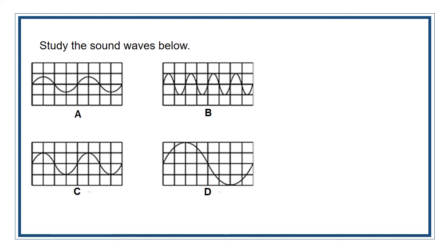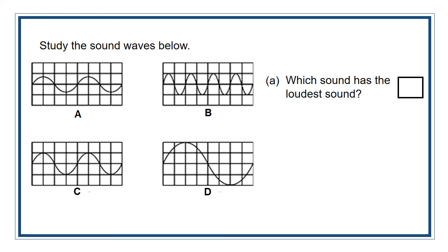Application. I have here the same four waves, the same as a while ago. We have A, B, C, and D. Now the first question is, which sound has the loudest sound? Now this time, don't look on the wavelength, but rather look on the amplitude of the sound. So loudest, that means it has the longest amplitude.